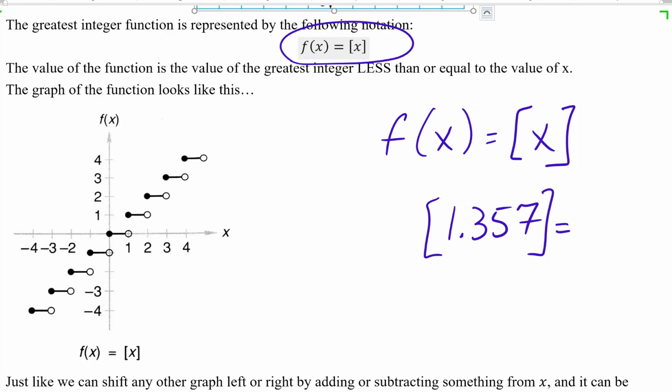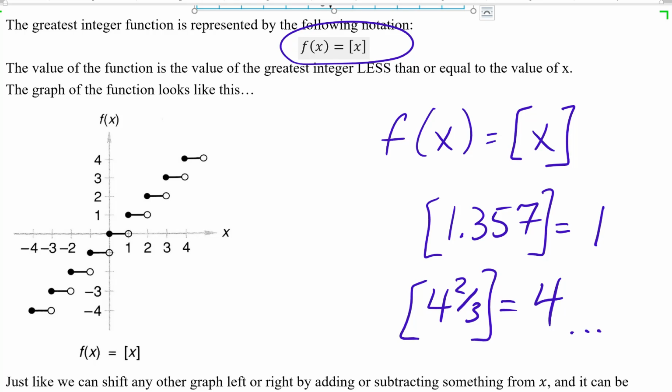All right, so 1.357, what's the greatest integer that's less than or equal to that? 1. Say you have 4 2/3 in that bracket. What is the greatest integer that is less than or equal to 4 2/3? That's 4. All right, so that's what greatest integer function means.